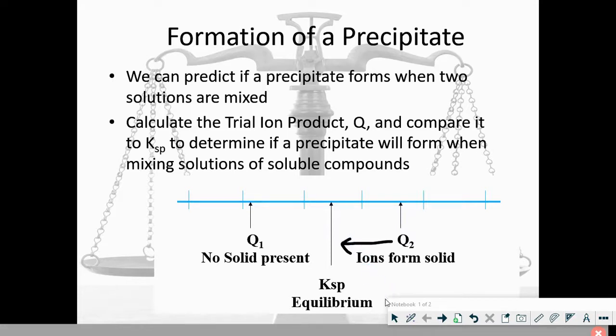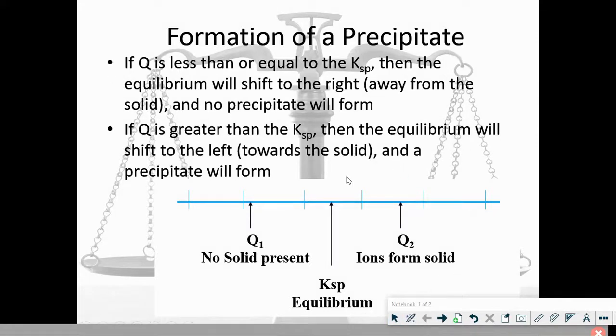Now remember, we put the solid on the left-hand side of our equation, and therefore, when it shifts to the left, a solid will form. And this slide shows exactly what I just said. Now, you might be asking, what happens if Q is equal to KSP? In that case, there is no precipitate forming because it hasn't shifted to the left. The only time where you have a precipitate form is if Q is greater than the KSP.